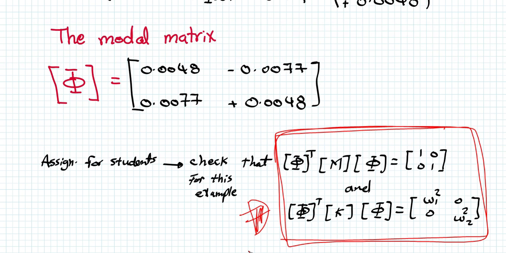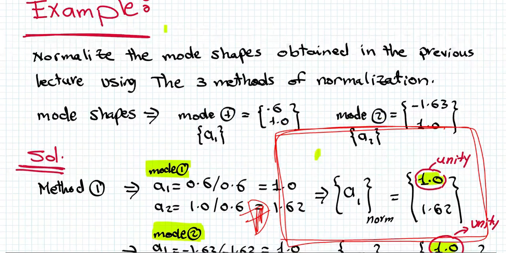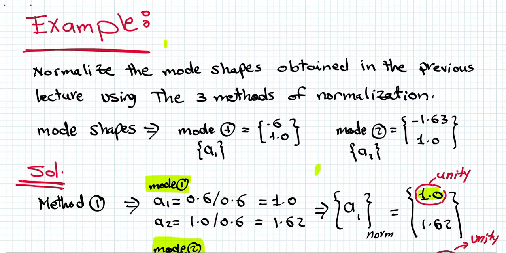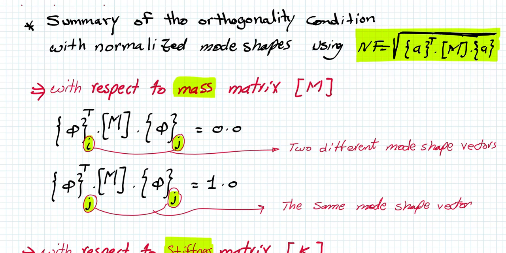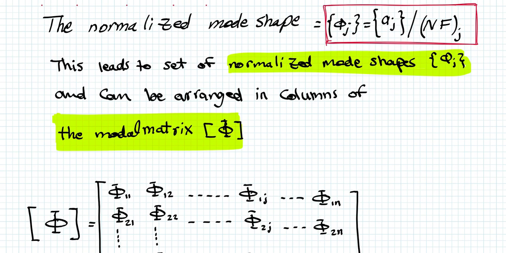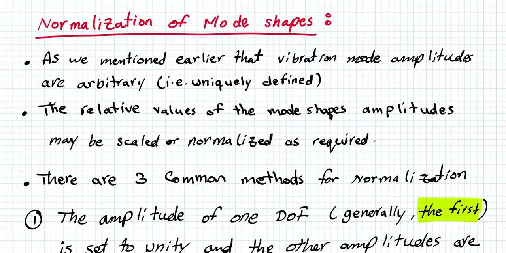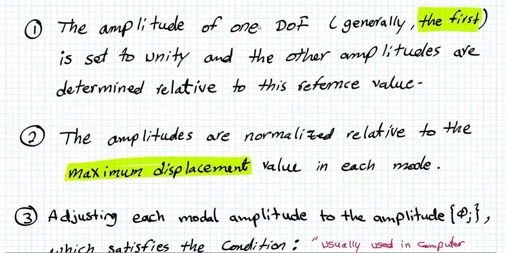This brings us to the end of this video. I hope that you have understood what I have said for today. I'm going to recap what I have mentioned now. We started with the normalization, and we said that we have three different methods of normalization that we need to know.